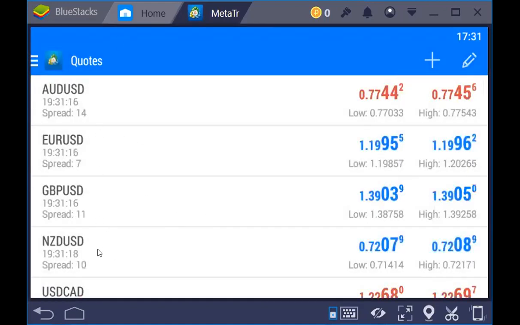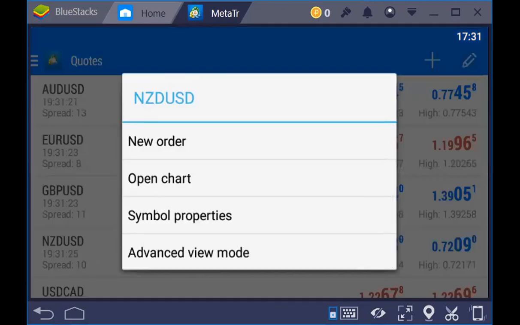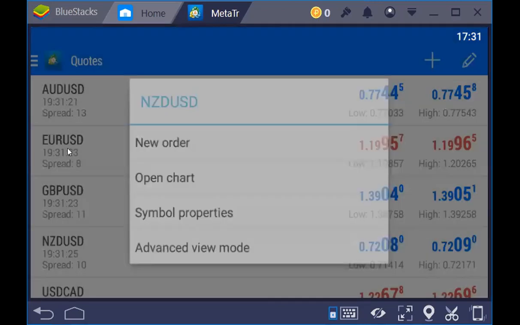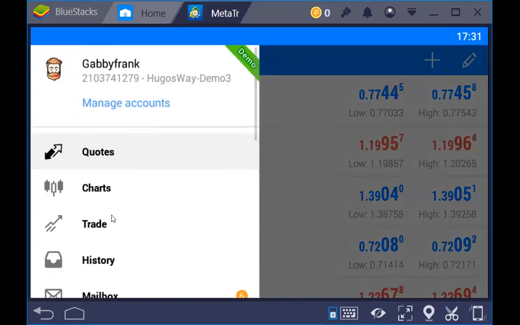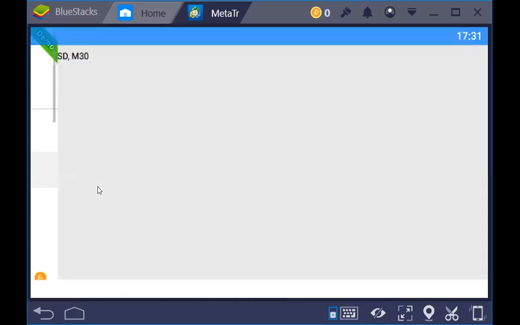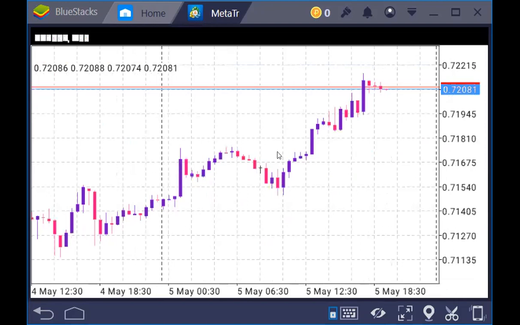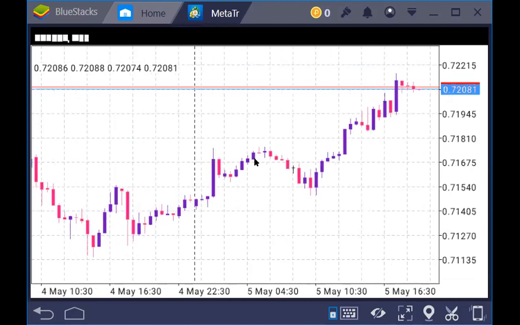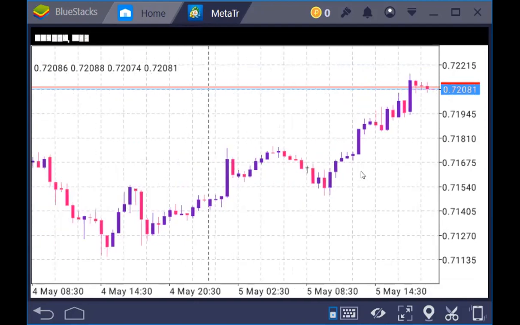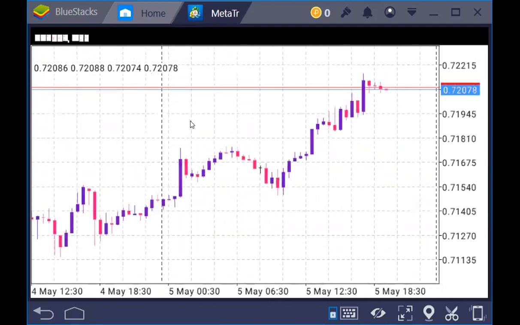Then when you want to open a particular pair to view the live market chart, you tap once and click open chart. The other option is clicking on chart directly, which takes you straight to the market itself.